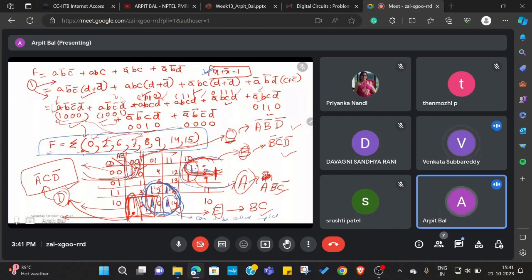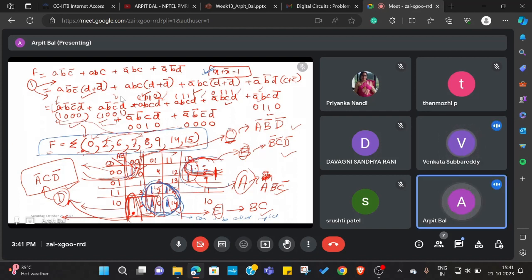But is this particular one a prime implicant? No. The reason is that there are ones adjacent to it and I haven't clubbed them. So if you see a 1, you ask the question, can I club it with any other one? If the answer is yes, then that particular term is not a prime implicant.